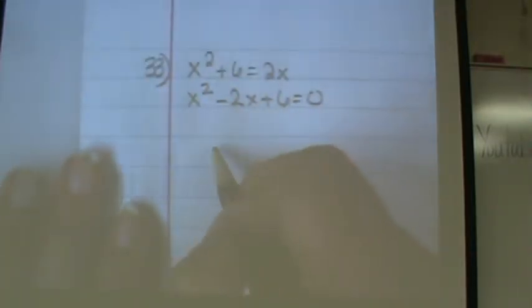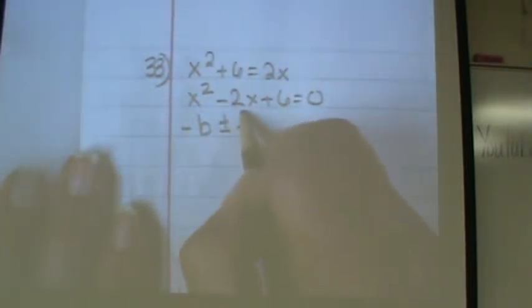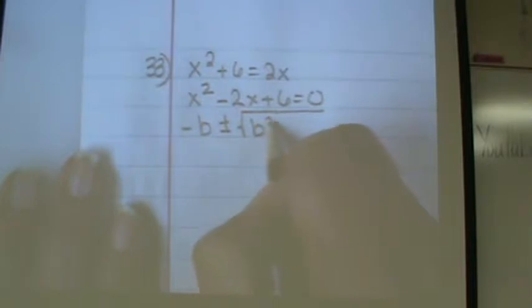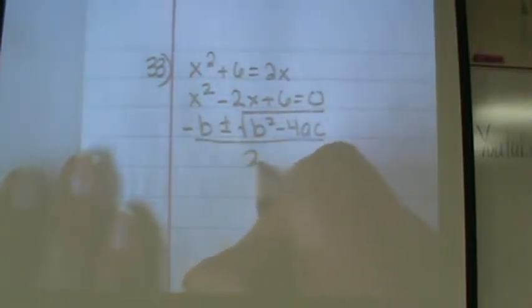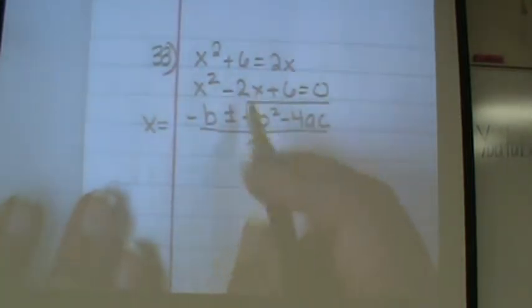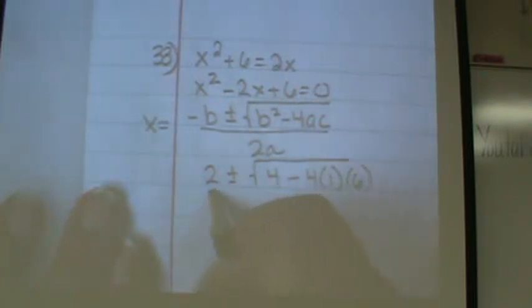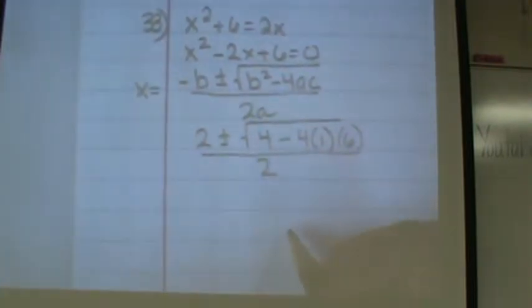And the quadratic formula is negative b plus or minus the square root of b squared minus 4ac all over 2a. That is what x is equal to. So the opposite of negative 2 is 2, plus or minus negative 2 squared is 4, minus 4 times 1 times 6, all over 2 times 1, which is 2.